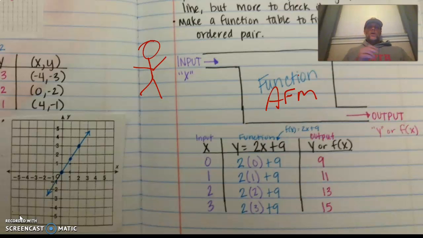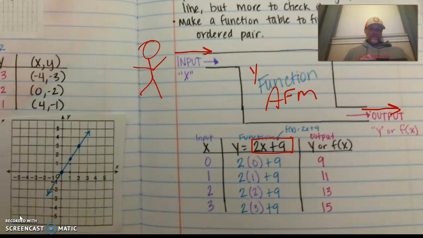You walk up to this machine and you put something into the input. A function happens, meaning something just happens to whatever you put in, and then you get something in return, meaning the output.